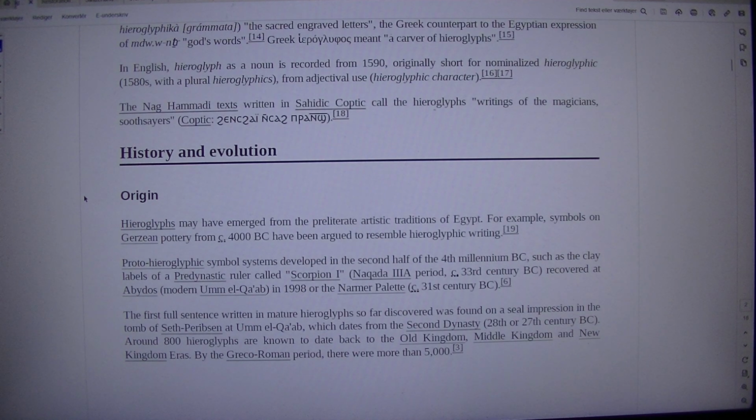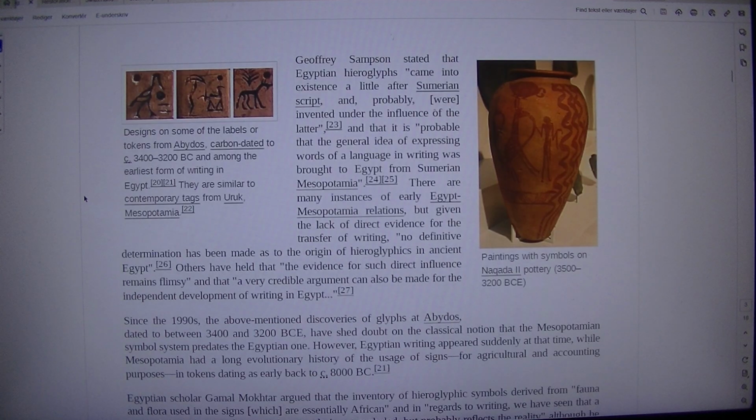By the Greco-Roman period, there were more than 5,000. Paintings with symbols on Naqada II pottery, 3500-3200 BCE, designs on some of the labels or tokens from Abydos, carbon-dated 3400-3200 BC, are among the earliest forms of writing in Egypt.